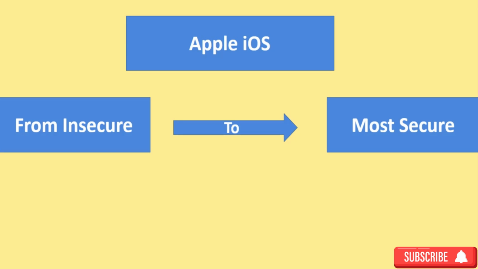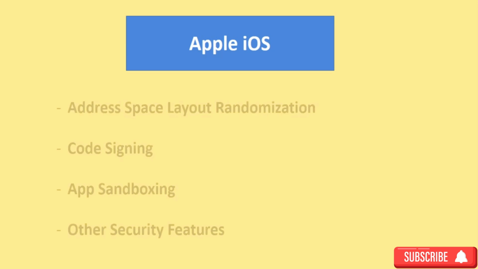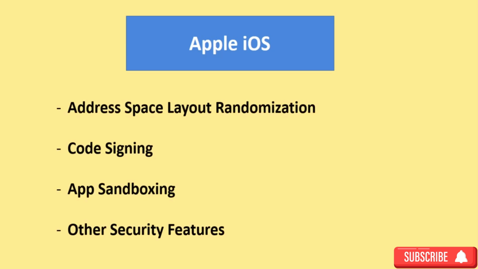If you look at the overall operating system security, it is somewhat similar to Android, because it supports runtime defenses like ASLR or address space layout randomization, and things like code signing, sandboxing, and many other security features that we also talked about when we were talking about Android.